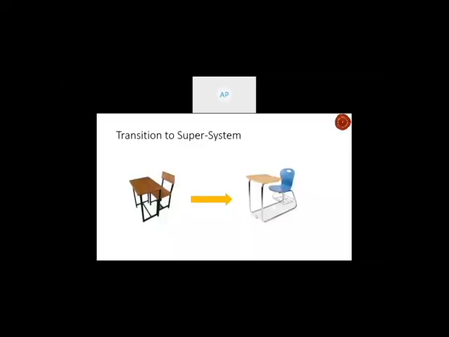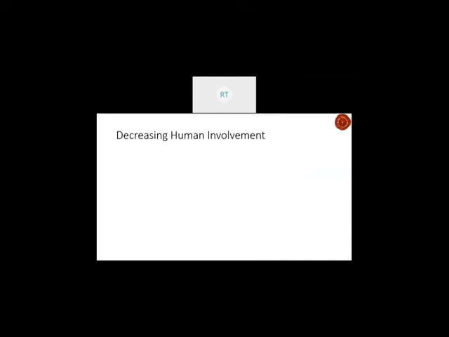Rohan bhai? Yes. Just give me a moment. Now it is. Yes, now it is. Okay, so we spoke about the trend of transition to the super system. There are people saying something in the chat bar. Okay, now it's there. I think that's resolved.